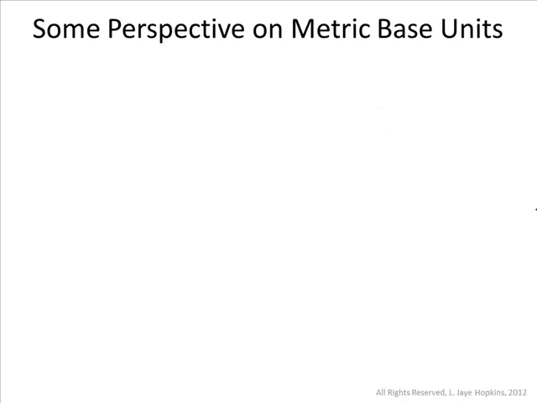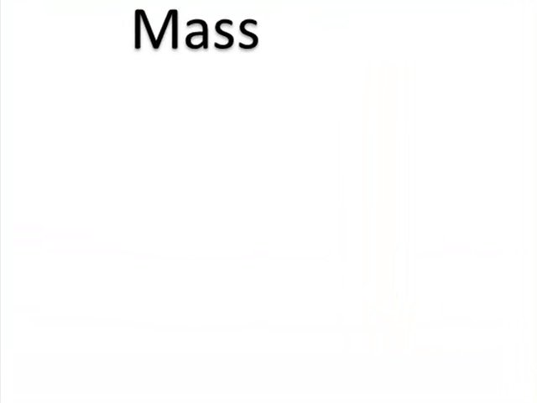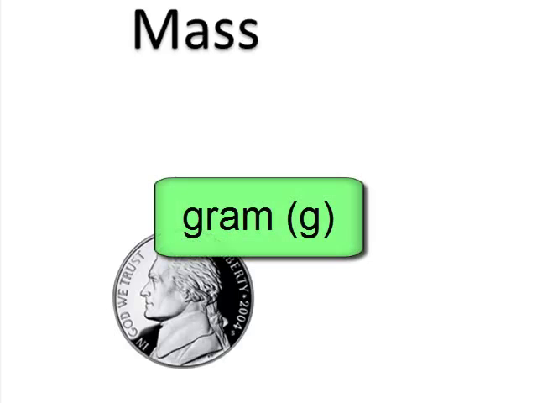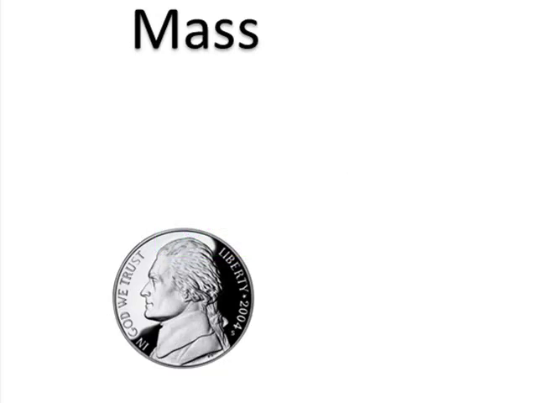So to help aid you, if you're not familiar with the metric system, I'd like to give you a little bit of perspective on the base units. Let's start by looking at mass. The base unit for mass is the gram, and a gram is actually a very small unit of mass, relatively speaking. One way you can always check your own values and check yourself when answering in the metric system is to remember the fact that there are 5 cents in 5 grams.